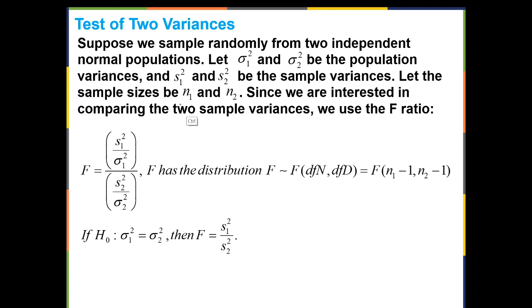Since we are interested in comparing the two sample variances, we use the F ratio. So this is the F ratio. But notice that if we assume the null hypothesis is true, then these two are the same and they cancel in this setup. So F is really S1 squared over S2 squared, right? So that's the idea.